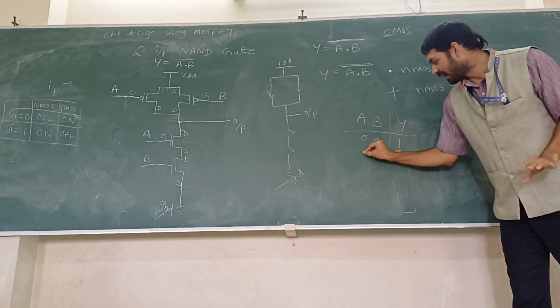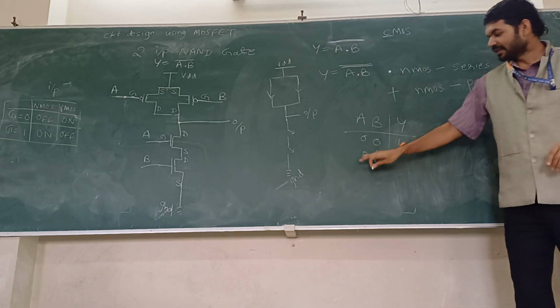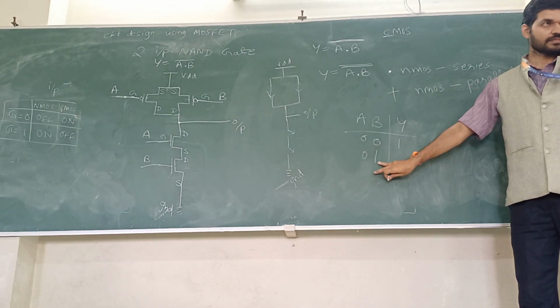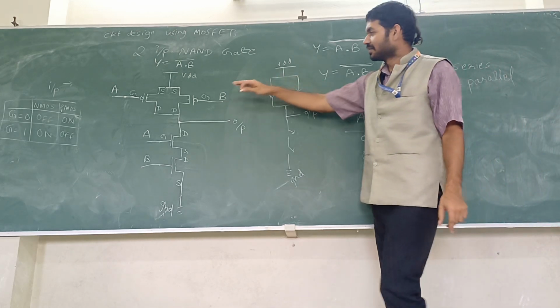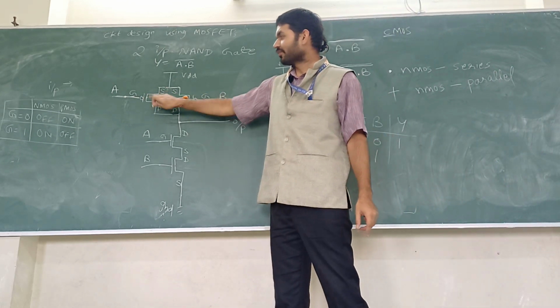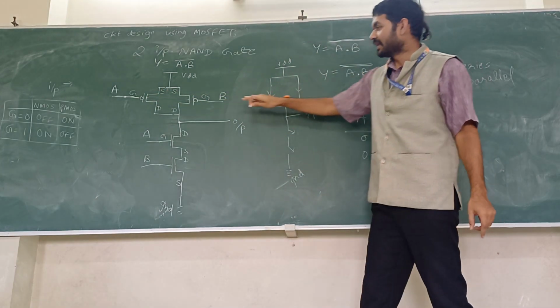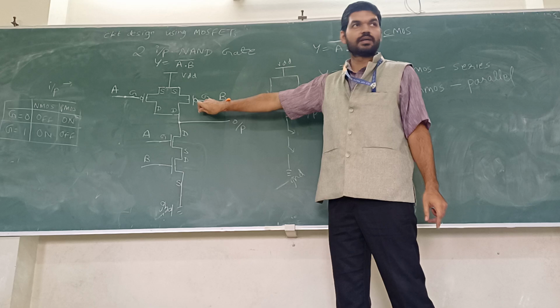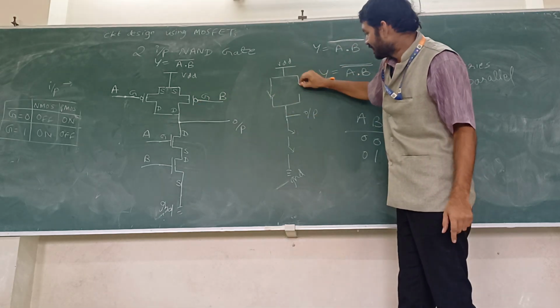Let us take another combination of input, 0 and 1. A is 0, B is 1. Now tell me, A is 0, so what will happen here? This will be on. B is 1, so this MOSFET is off. Off on the other.